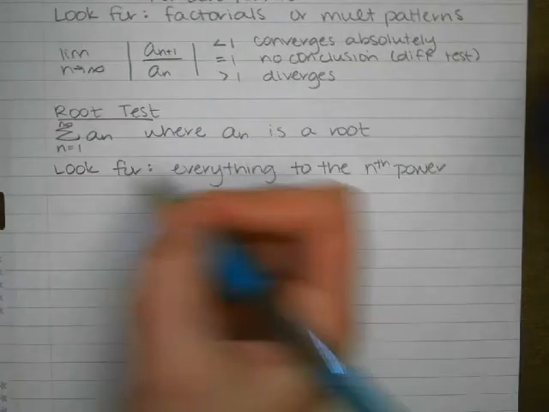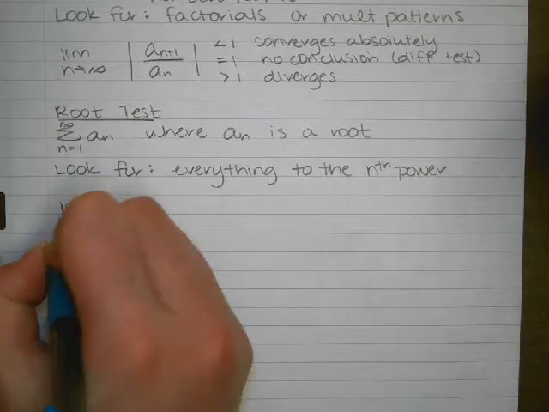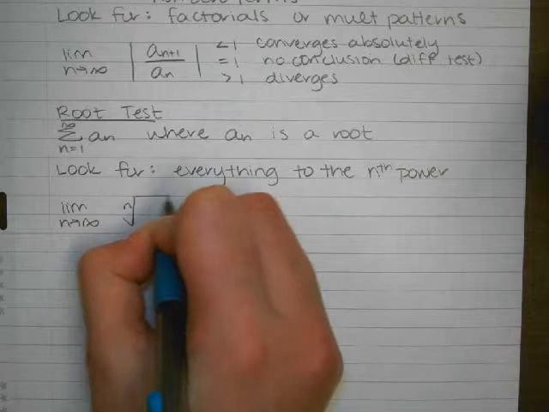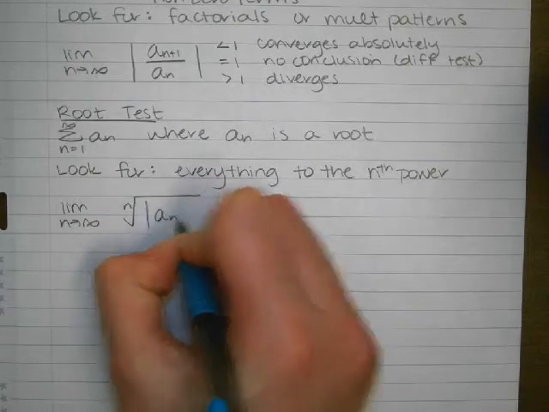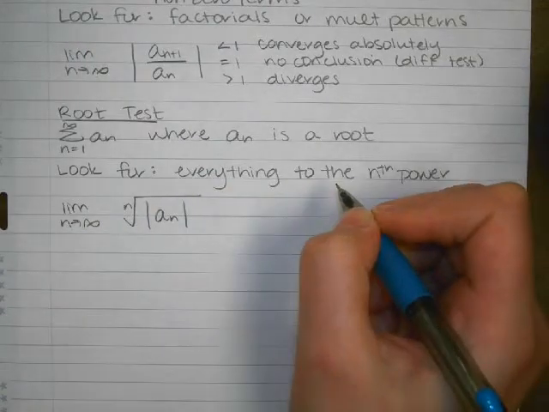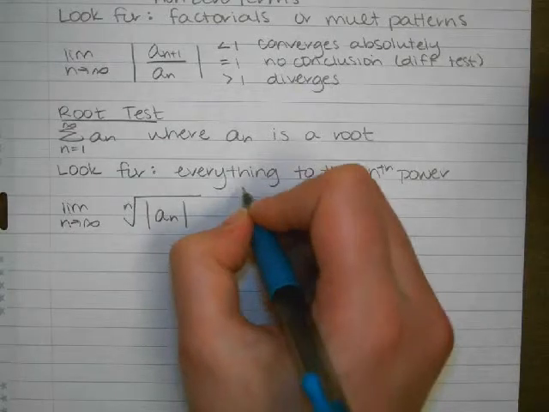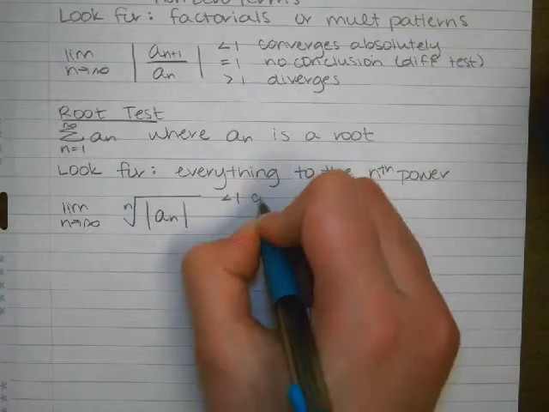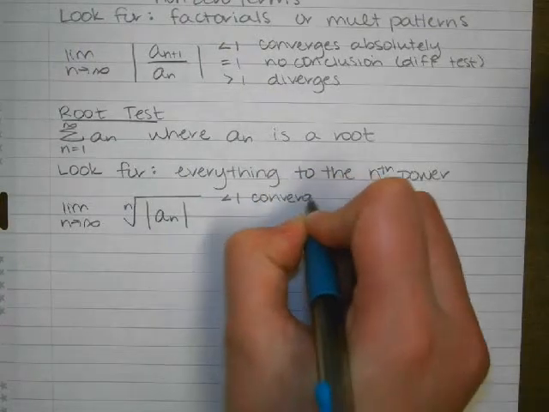All right, so here we're going to say the limit as n goes to infinity of the nth root of the absolute value of a sub n. And again, we have three conclusions. So if the result of the limit is less than 1, then it converges absolutely.